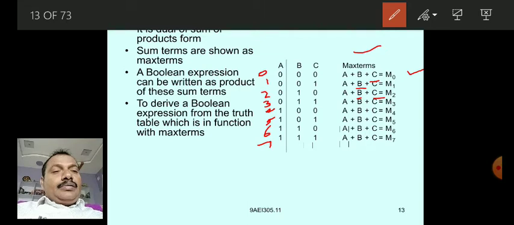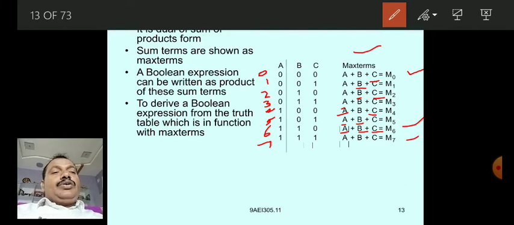And A bar plus B plus C, max term 4. A bar plus B plus C bar, max term 5. A bar plus B bar plus C, max term 6. A bar plus B bar plus C bar, this is max term 7.